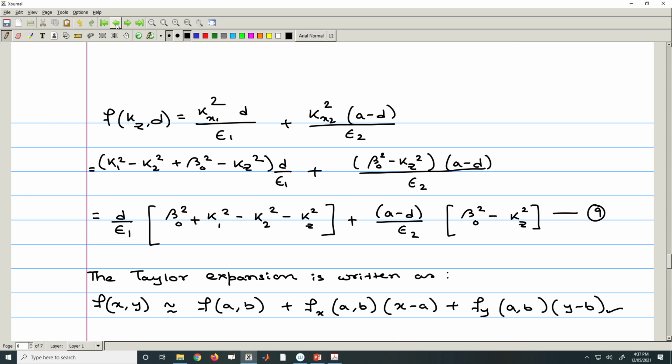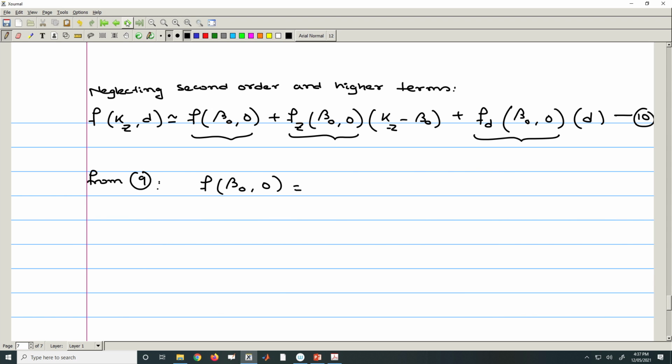While substituting d as 0, the first term becomes 0, and when we substitute beta naught in place of kz, the second term also becomes 0. So from 9, f(beta naught, 0) is 0. This is equation number 11.